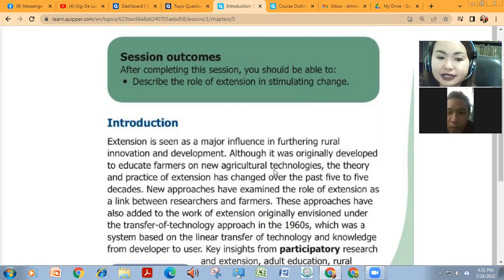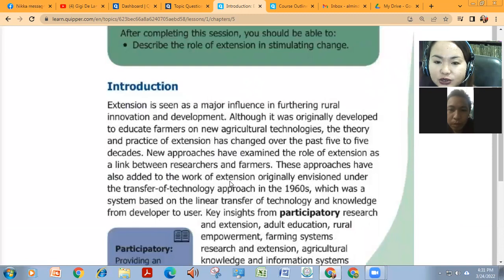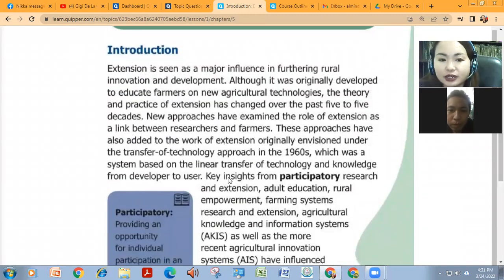So originally ang extension is to educate farmers lang, no? Sa mga new agricultural technology and then mga theory sa practice. And extension, however, nag-change po siya over the decades, and then nagkaroon na po tayo ng mga new approaches and new roles, no, as to link researchers and farmers. Kasi di lang technology, pero ang mga results ng research, kailangan jud, wala man siya ibili, yes, naka-publish siya sa journal, and then wala man gyapon siya ginagamit sa mga farmer.